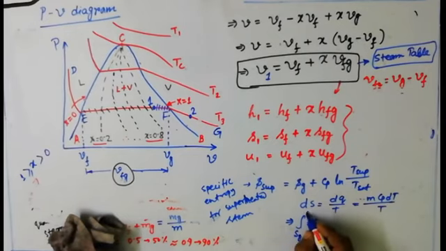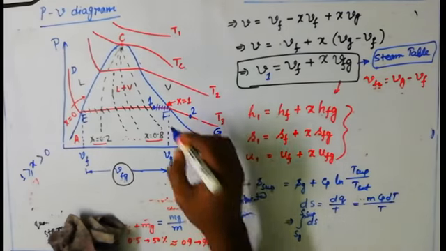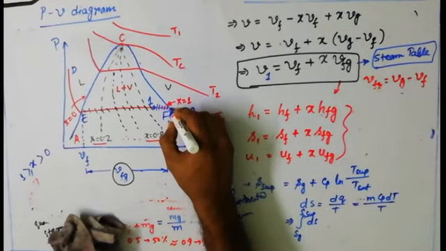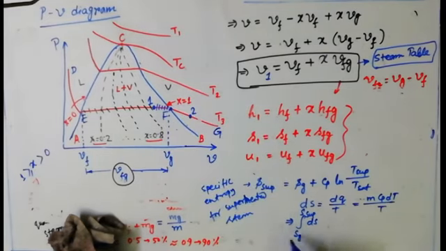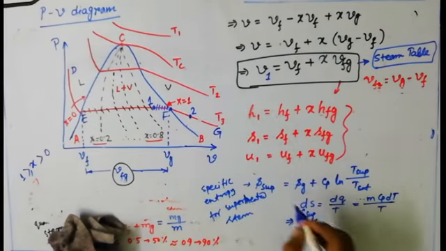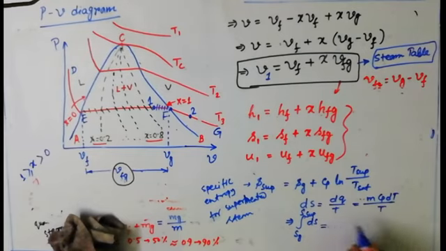Now if you want to quantify the entropy with the boundary limit of saturation, or rather say Sg to S sup. Why am I taking that kind of boundary limit? Because suppose I am moving from this point to that point, that is the saturation point. In this location the entropy will be Sg, and in this location the entropy will be S sup. That's why I am taking the boundary limit Sg to S sup. M I am considering unit mass, as it is specific entropy, so m will be cancelled.